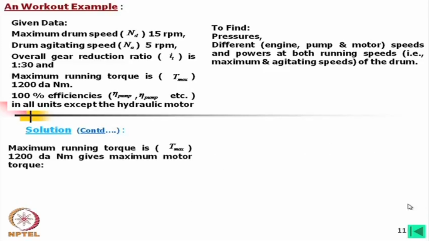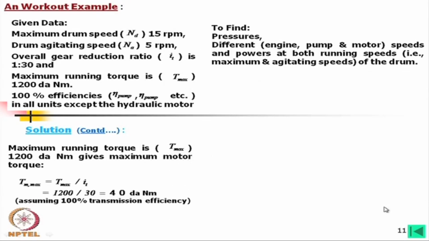Now, the maximum running torque of 1200 decanewton meter gives the maximum motor torque. Definitely, if this is the output torque, then the output from the motor should be 1200 divided by the transmission ratio, so 40 decanewton meter, assuming 100% transmission efficiency.